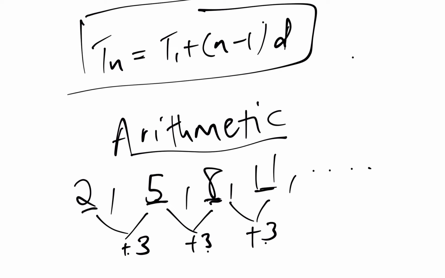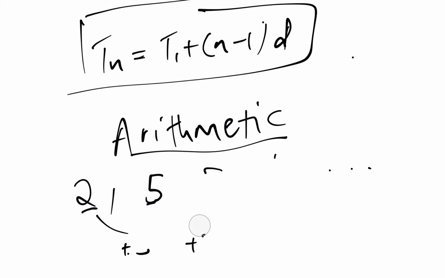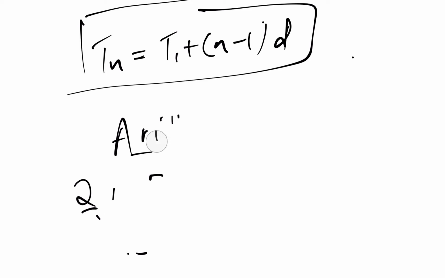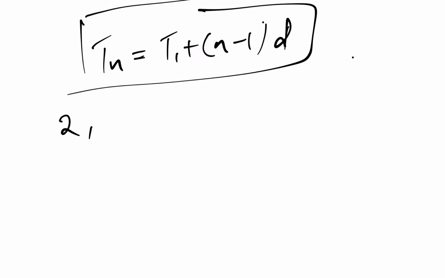Because let me show you something here. If we are given a sequence like, maybe let me use the sequence that I was using earlier. We got 2, 5, 8, 11, then the sequence continues.